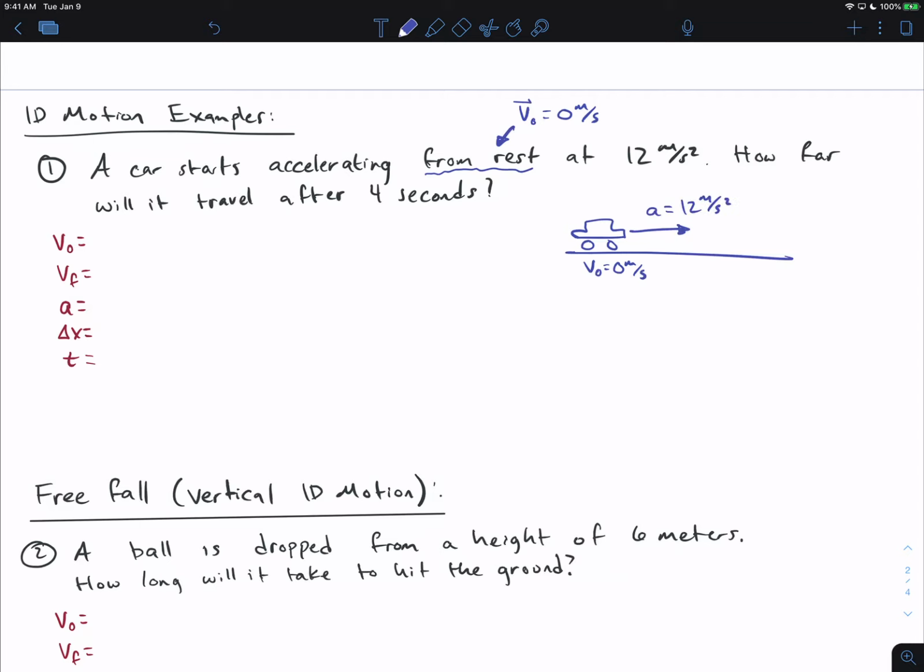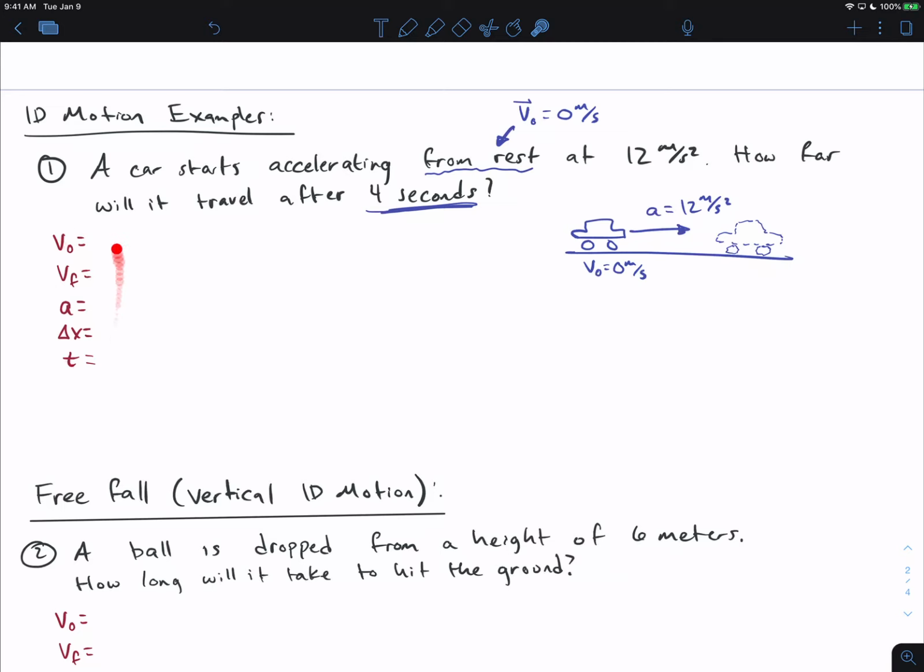I don't know anything about the velocity in the meantime, but I know my initial velocity, my acceleration, and I know one other thing, that 4 seconds later, some time is going to pass, and my car is going to be, this is kind of a little ghost car, somewhere farther forward, right? But I want to know exactly how far this car is going to be 4 seconds later. So the way I do this is I will set up a little list of my 5 variables here.